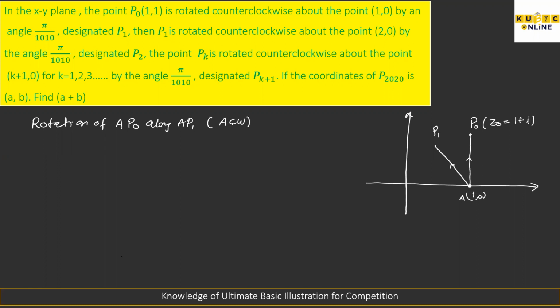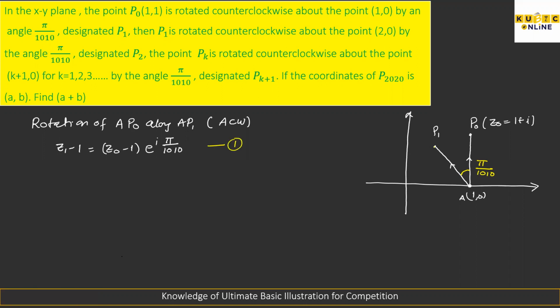So we have to use the concept of rotation, and that is Z1 minus 1 equal to Z0 minus 1 into e to the power I pi divided by 1010, because it is rotated by the angle pi divided by 1010, and this is the first relation.